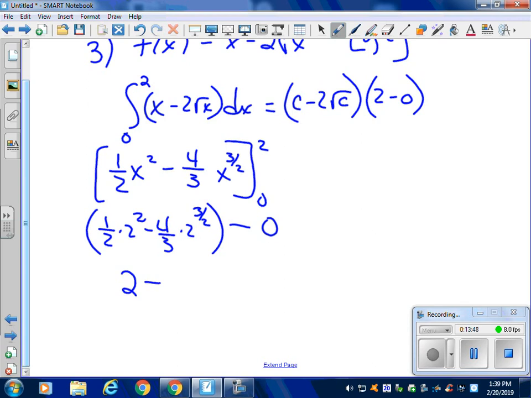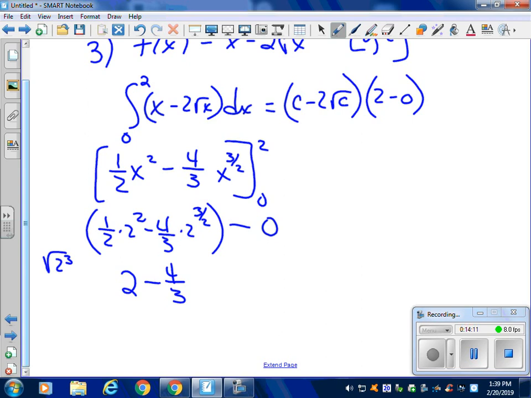2 cubed is 8, and there's no square root to 8. And that's a problem. Is that how you do that? Okay, well, let's come over to the side. Square root of 2 to the 3rd. That's what it means.